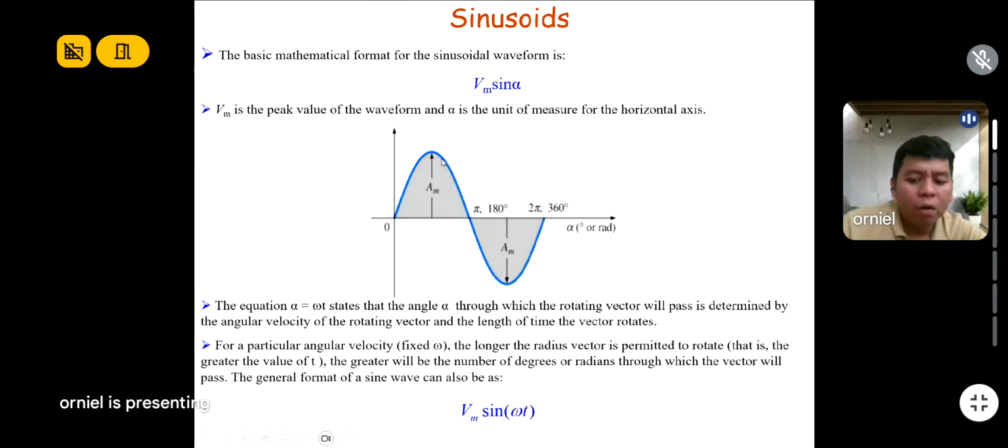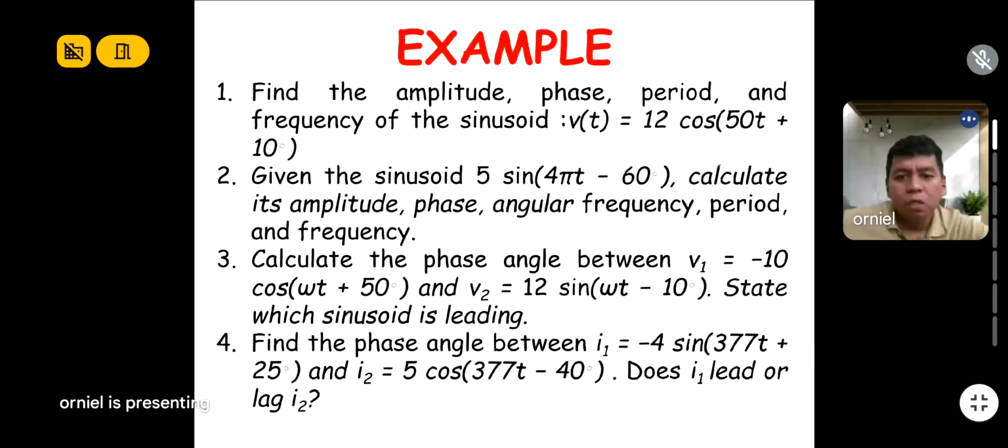As you can see in this example, the peak is our amplitude. In terms of voltage, we have Vm, the peak for the voltage.